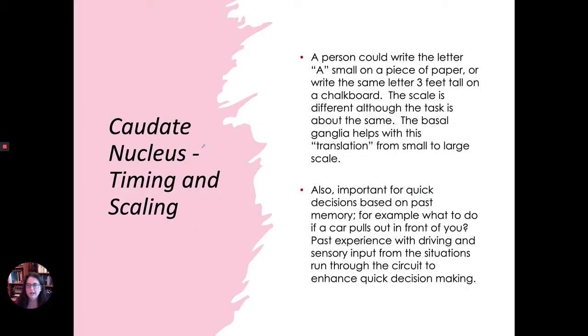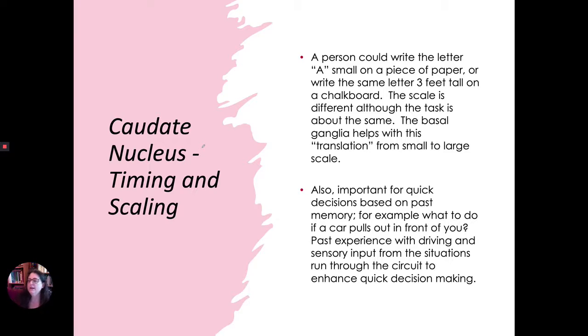Now, the caudate nucleus, a couple of examples of it in action. These are some examples I got from your text. Imagine someone writes a letter A with a pencil on a small piece of paper, a little tiny A. Then you ask them to draw that same A in the same shape, except on a chalkboard that's really big.